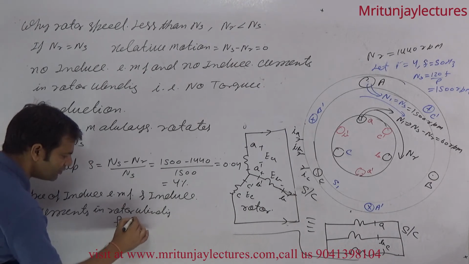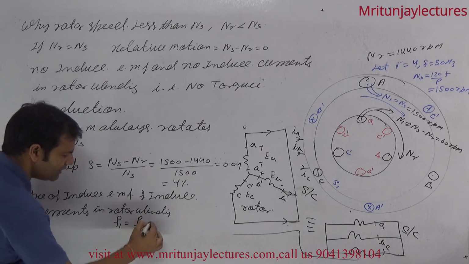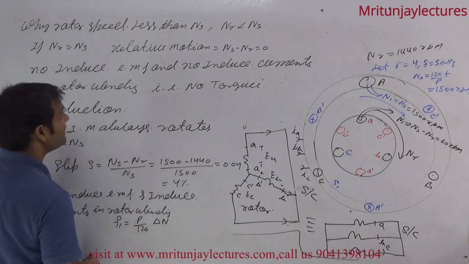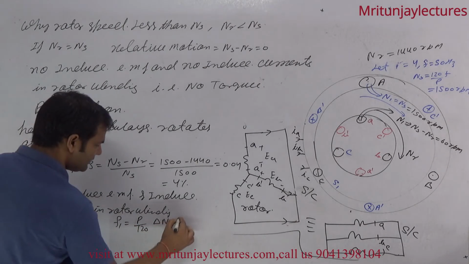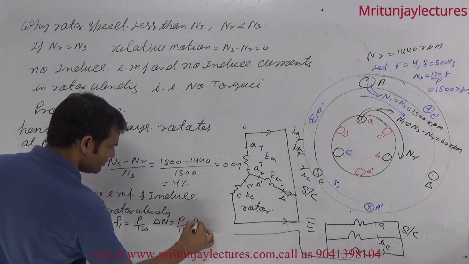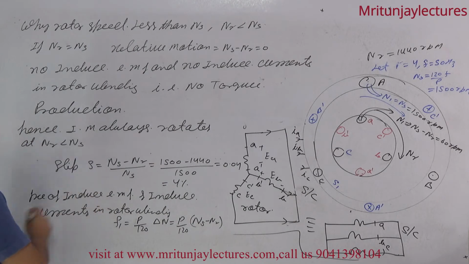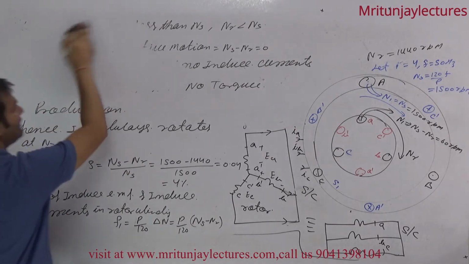This is equal to P upon 120 into the relative speed, that is delta N. What about relative speed here? That is P upon 120 into Ns minus Nr.